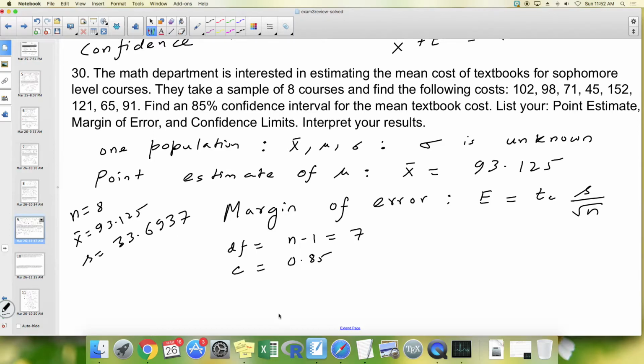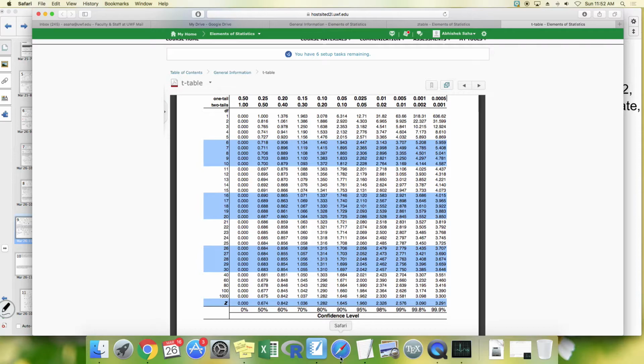So let's go to the T table. Oh, 85% is not there. There's 80% and 90%. All right, we can make do with those. Degrees of freedom now is 7, so we are looking at this row. For 80%, it's 1.415, and for 90%, it's 1.895. So these are the two numbers.